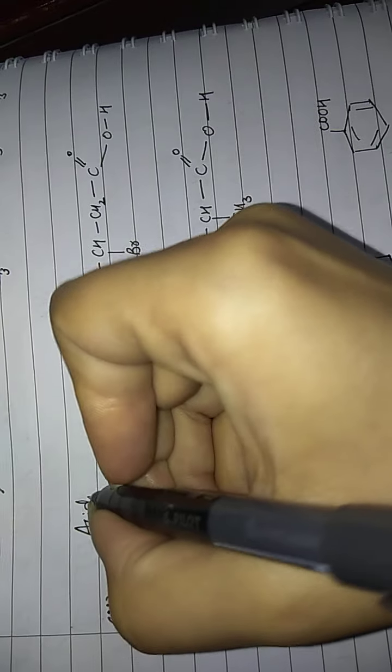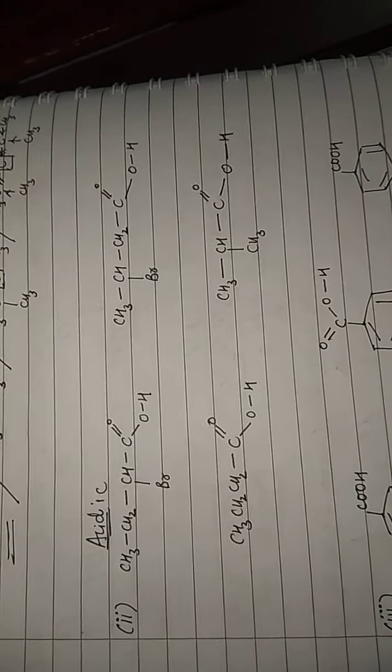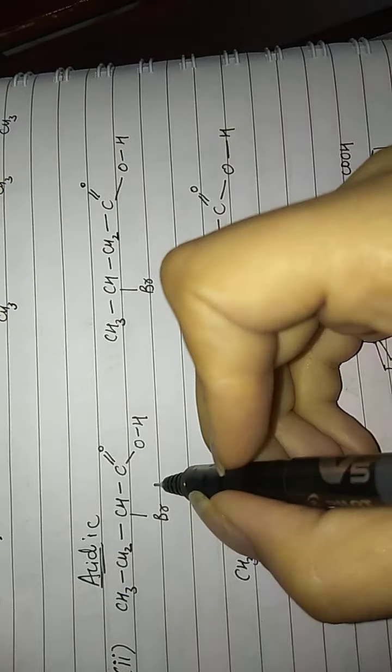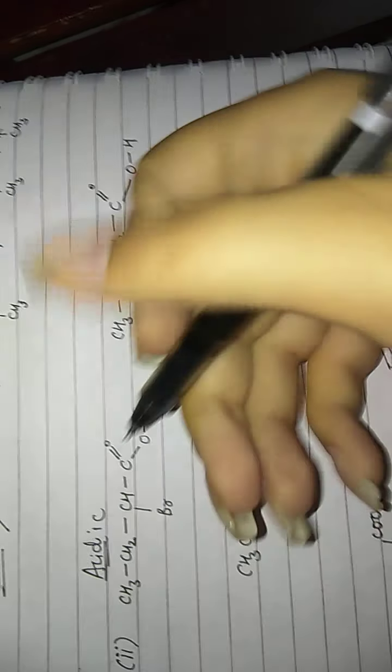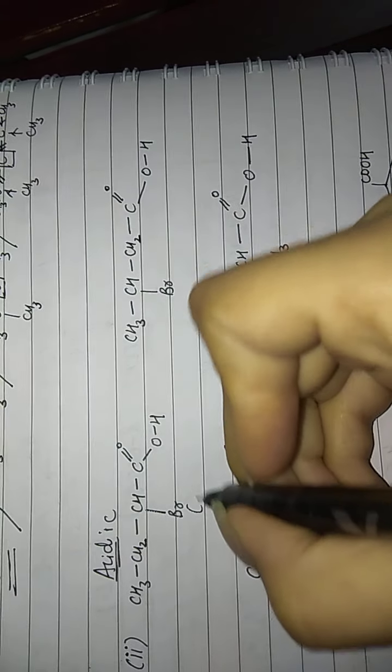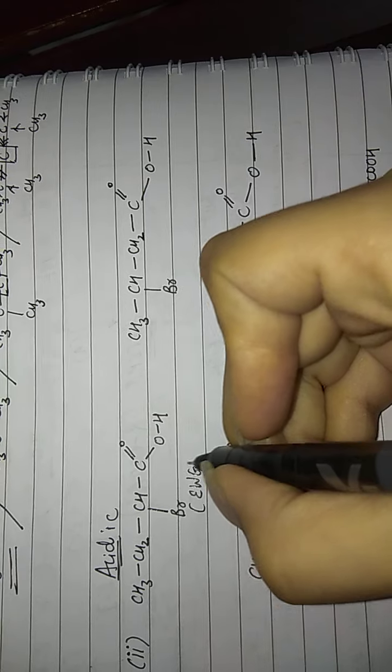Now the second part asks you to find the acidic strength, to arrange them in order of acidic strength. Now acidic strength means release of proton is easier. If I see in this compound, Br is a halogen and hence is an electron withdrawing group.